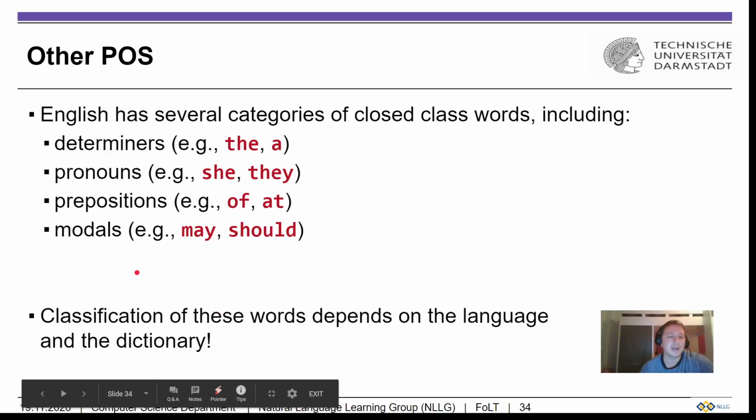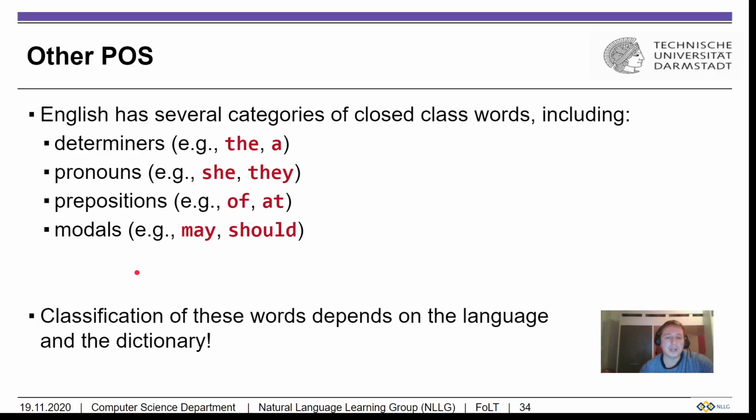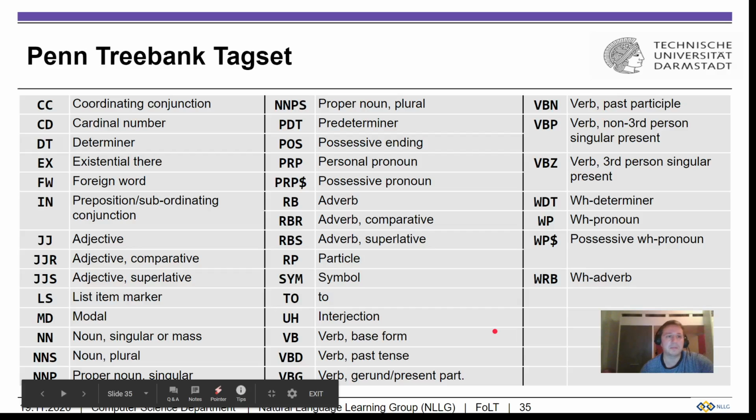When you want to give those things a part of speech tag, it depends on whether a language has a preposition, for example. There are some languages which may only have postpositions, so it's language dependent, but other than that, I'm not exactly sure what is meant by this statement here.